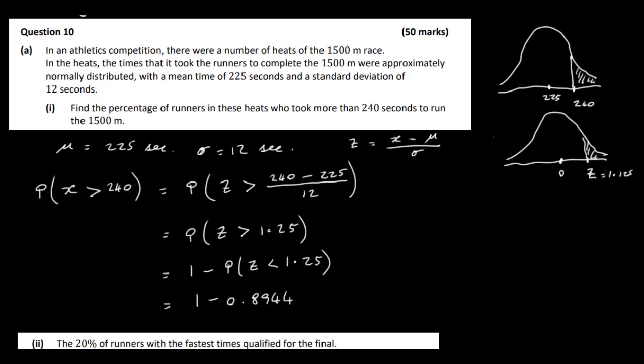Okay, when you do that, 1 minus 0.8944 is 0.1056. So that's, what does it actually ask us for? Find the percentage. So our answer then is 10.56%.